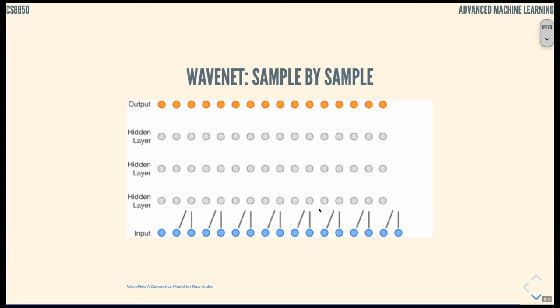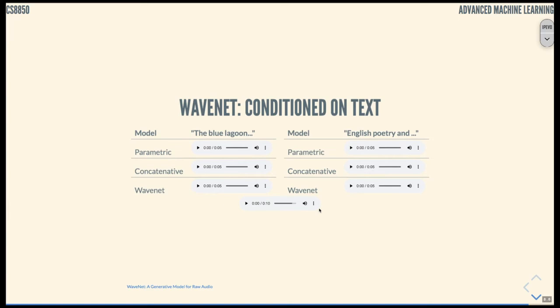Let's see why that would be interesting. One of the approaches is parametric, when we're parametrizing the waveform to generate interesting phonemes. Another is concatenative, when we concatenate phonemes together. Another one is WaveNet, which I just introduced. Let's listen to how they sound.